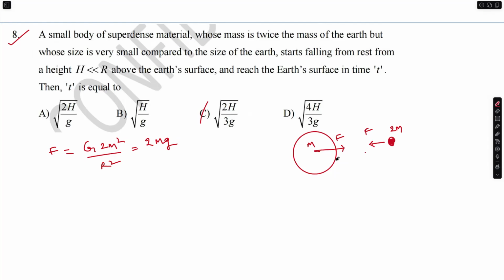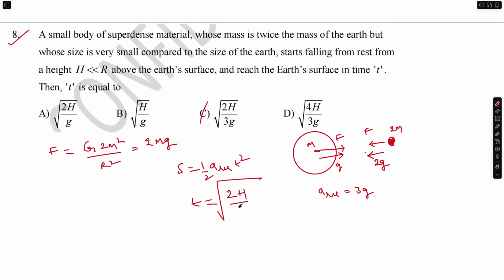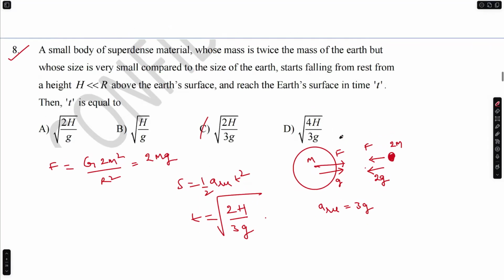So which means this will experience an acceleration of 2g instead of g. And this will also pull the other one with an acceleration g. So a relative is 3g. So s is half a relative t square. t is root of 2h by a relative, 3g. This is what you must identify. Next.